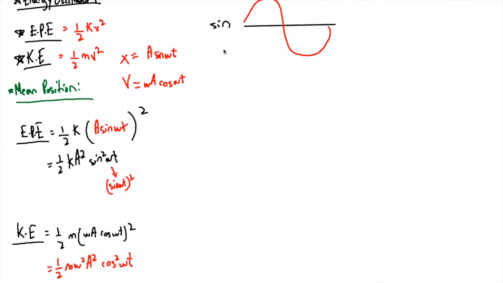Now, if I suddenly decide to put a square on that sine and it's sine square, what is my graph gonna look like? What do you guys think? I know it's a bit hard to place it in words, but it's still possible. What is sine square gonna look like?